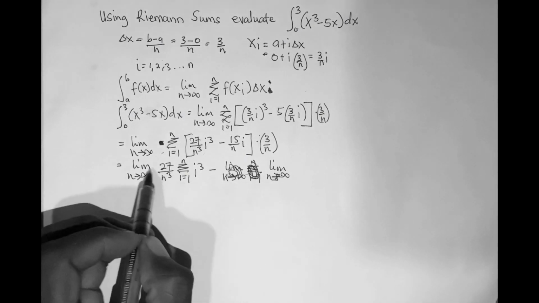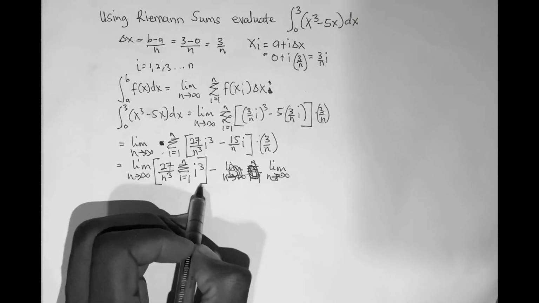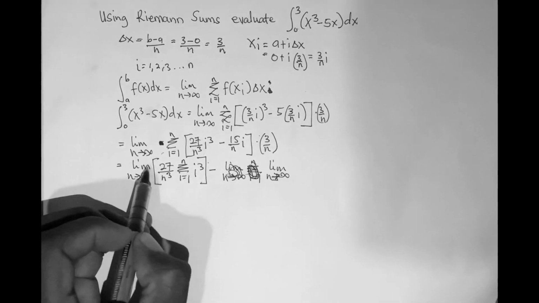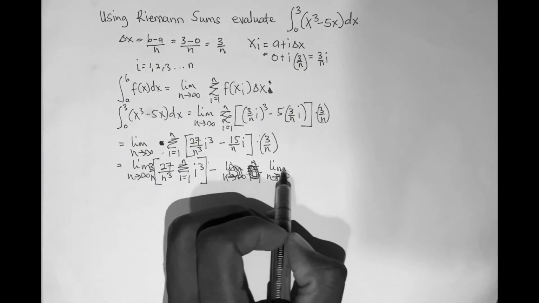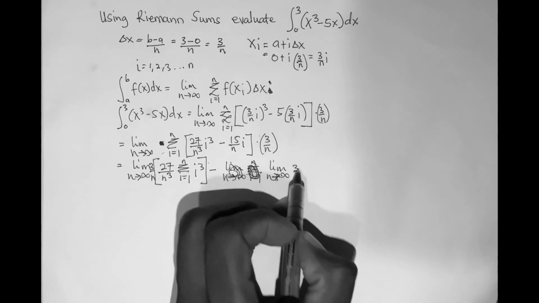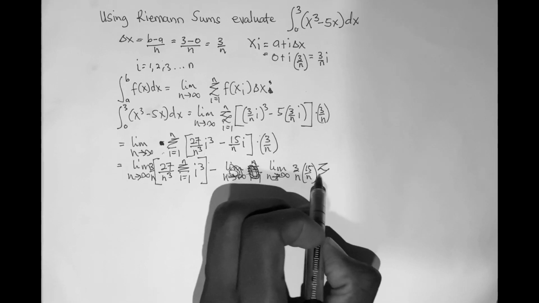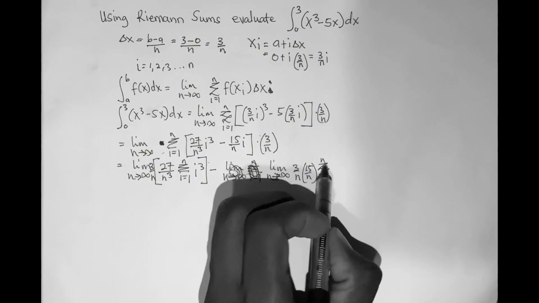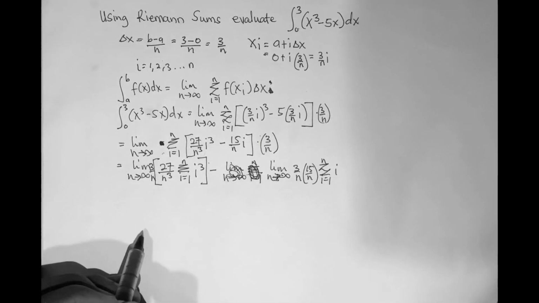Sorry, I made a mistake here. All of this is times 3 over n. So let me bring 3 over n here. So here too will be 3 over n times 15 over n, then the sum of i equals 1 to n of i.